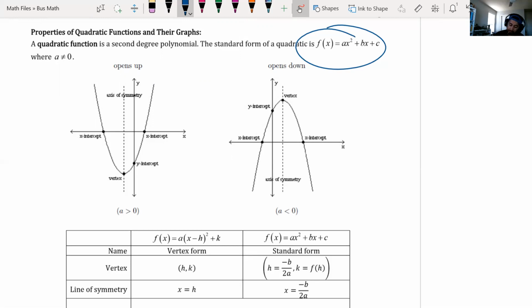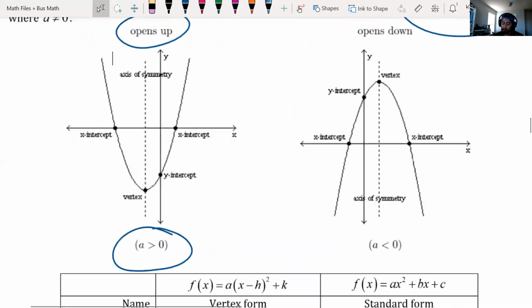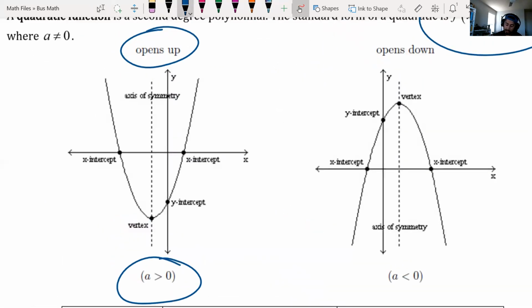So if we look at the first graph here, if the leading coefficient of a quadratic function is positive, this means your parabola will open up. And some of the characteristics of your parabola are that you'll have something called a vertex, which is the main point of the parabola. You'll have a y-intercept.